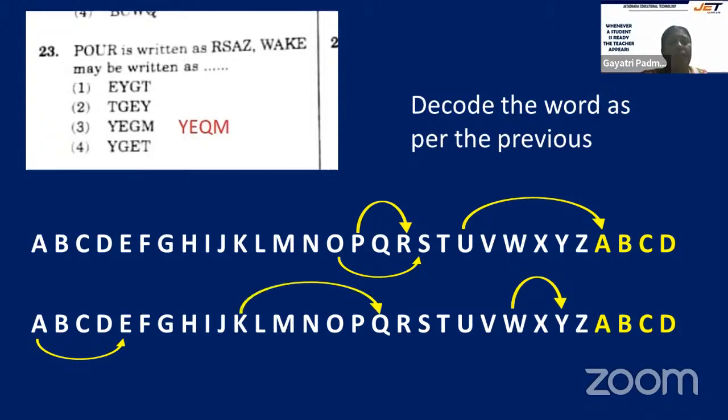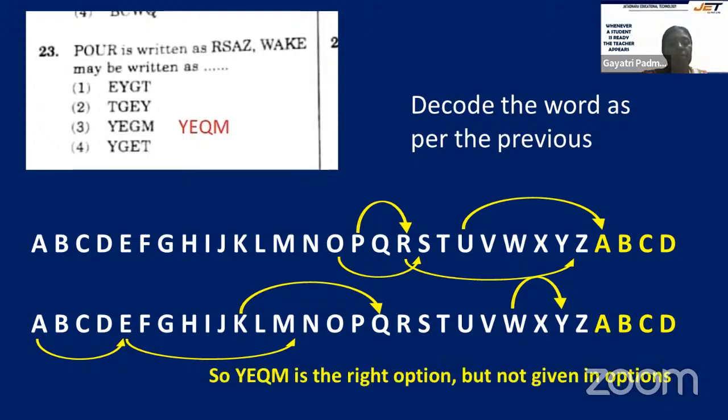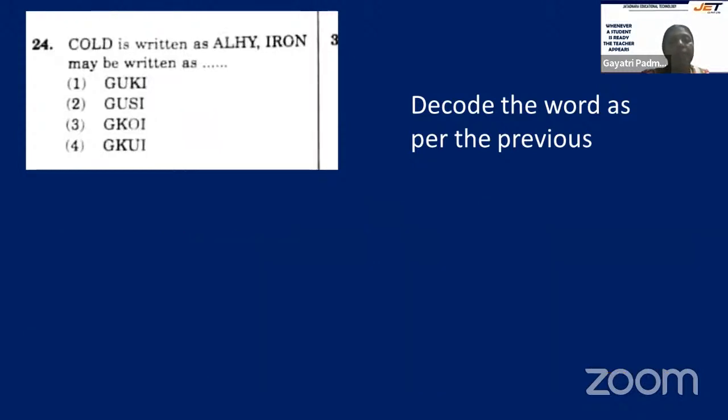Similarly, K can be written as Q with the 5 letters difference. All right. Next, you have R, which is written as Z with the difference of 1, 2, 3, 4, 5, 6, 7. So therefore, E can be written as N with the difference of the 7 letters. So your answer must be YEQM. All right. I think with this we'll stop.